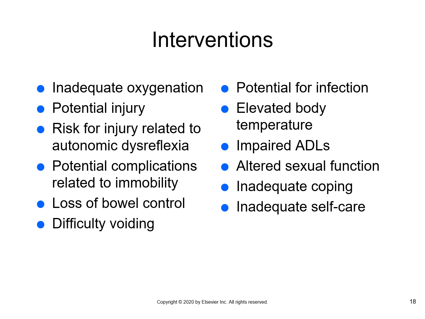They are at risk for injury because of the impaired sensation or even from the autonomic dysreflexia that we just talked about. Potential complications related to immobility: the pneumonia, the impaired skin breakdown, right? Loss of bowel control and difficulty voiding, potential for infection.